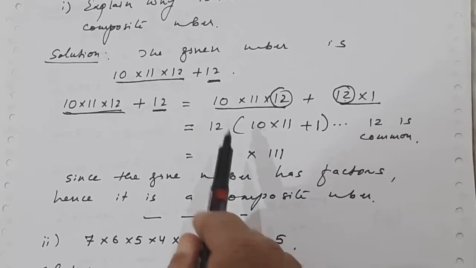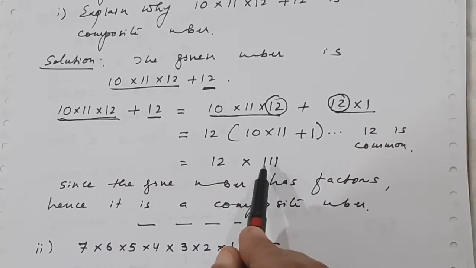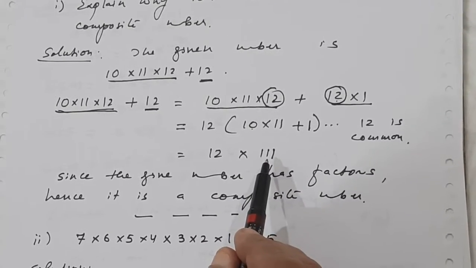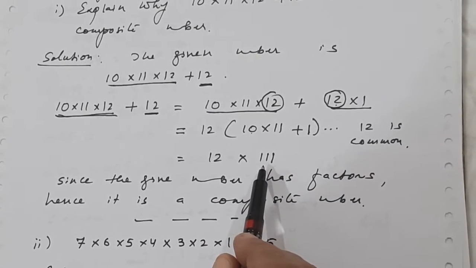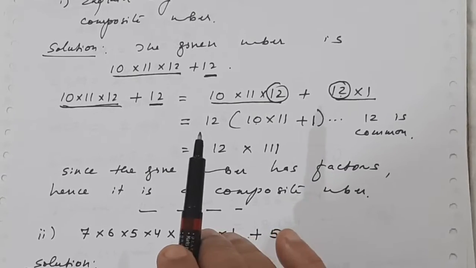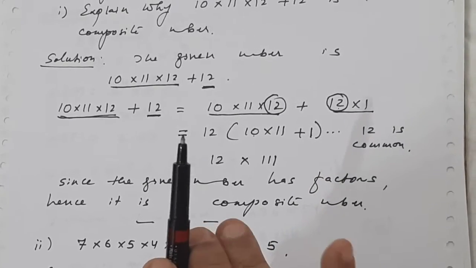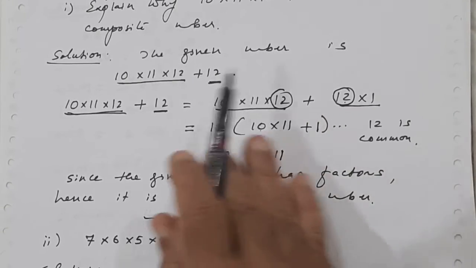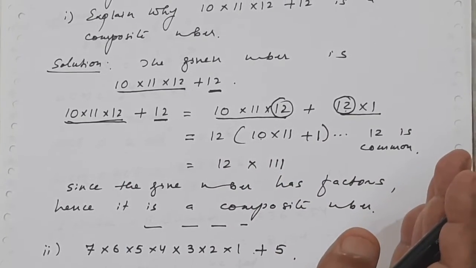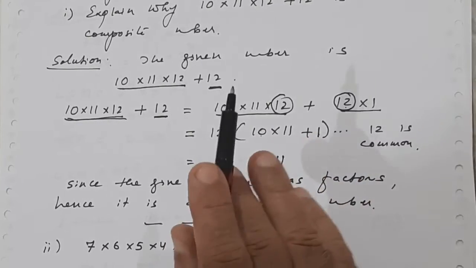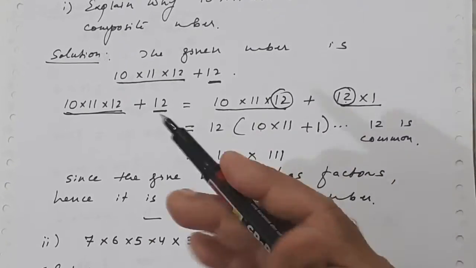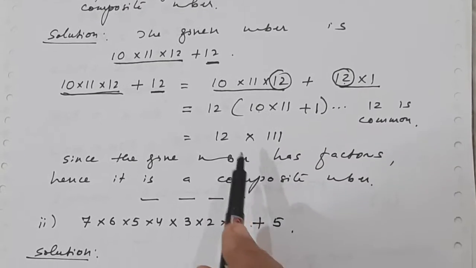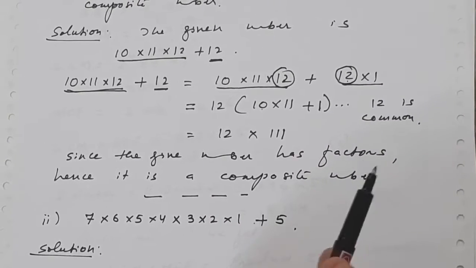So we had to show that the given expression is in the form of factors, and as these are the two factors, therefore it is a composite number. Remember one thing, a number which is not a prime number means it is a composite number. Okay, a prime number is that number which cannot be expressed in multiple factors. So 12 into 1 is a composite number.